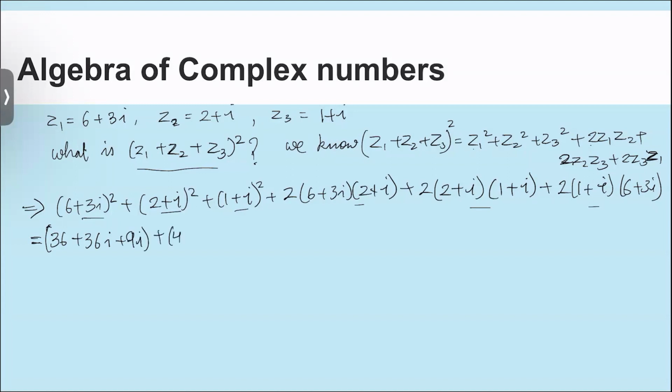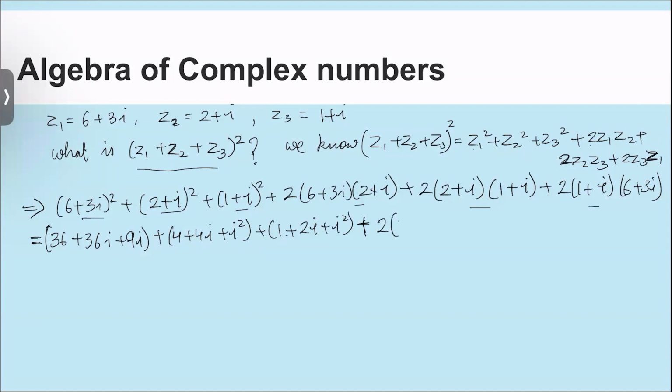Then we have 4 plus 4i plus i squared. And over here we get this as 1 plus 2i plus i squared. Okay, now you find the products between z1 z2, z2 z3, and z3 z1. So 2 we keep outside for now, and we expand it.